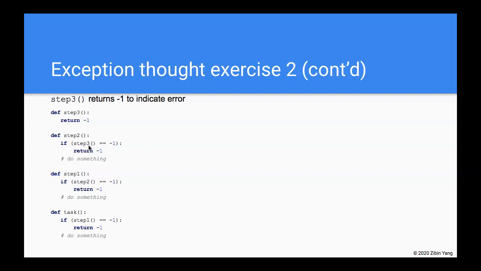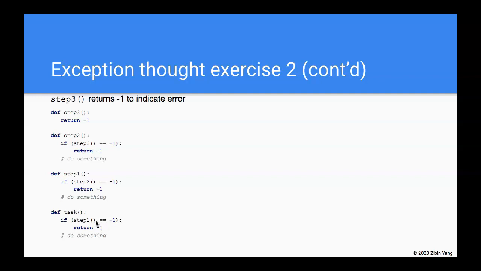Well, step 2 has to check the return value of step 3. And if it's -1, then step 2 has to report it up to the step that calls step 2, which is step 1. And now step 1 also has to check the return value of step 2. And if it's -1, then it has to report to task, which calls step 1.